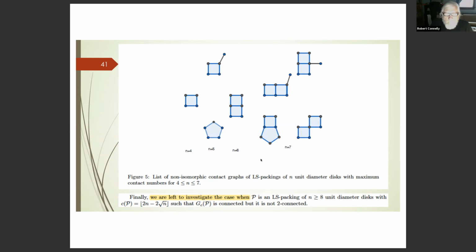You can ask the same question for a given flat torus. It's the same question for the packing in the plane, the flat torus, and so on, so you have three different questions. Can you say something about this upper bound for contact numbers, even in two dimensions?